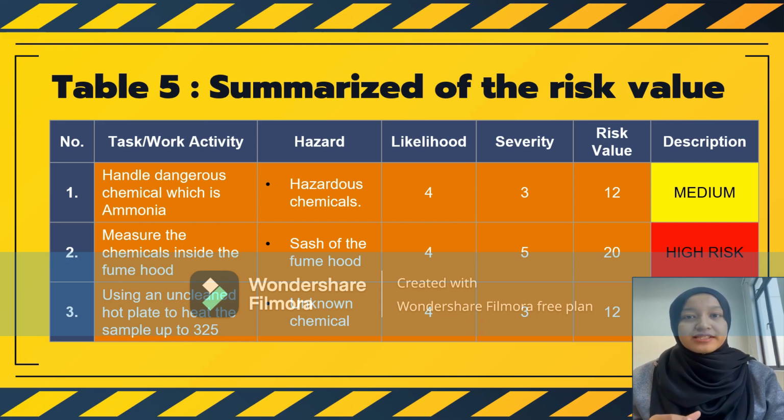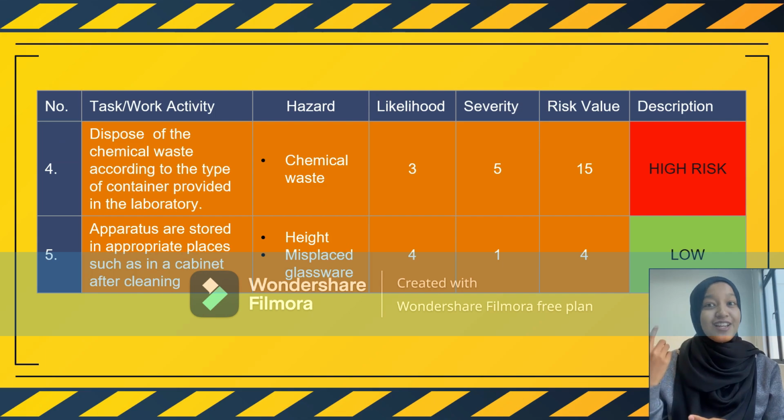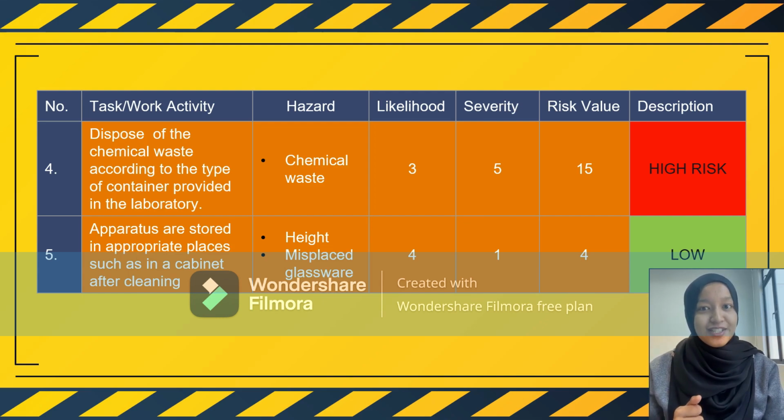Next, for the second activity, measuring the chemical inside the fume hood has a high risk level because the value is 20, which is quite high, and the activity needs to be prioritized. For the last one, the activity is apparatus being stored in appropriate places such as in a cabinet after cleaning. It has a low risk value, which is only 4, but we still need to take action on it.